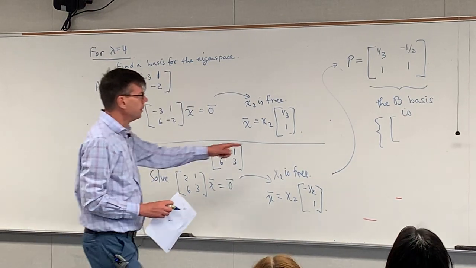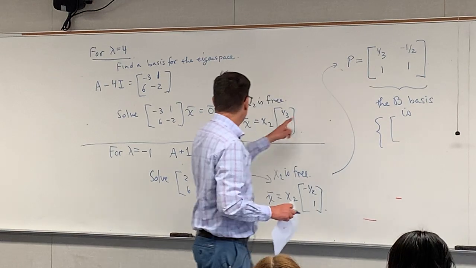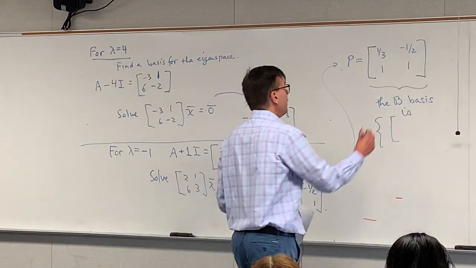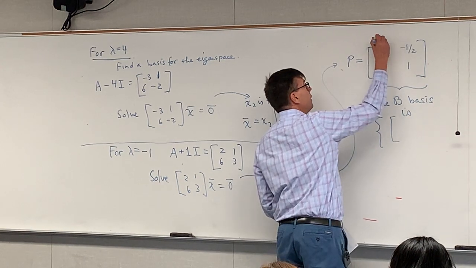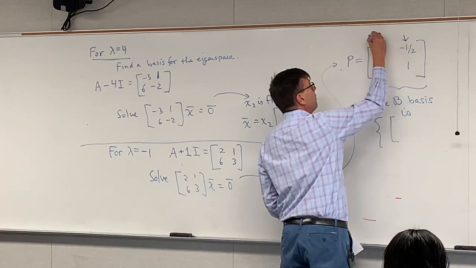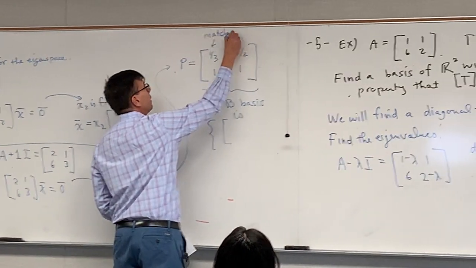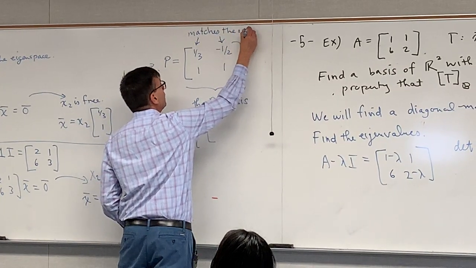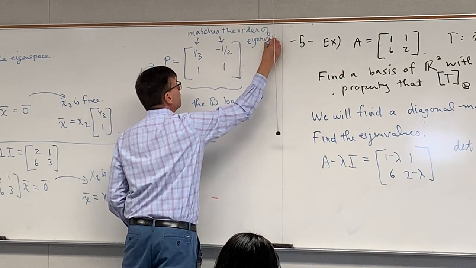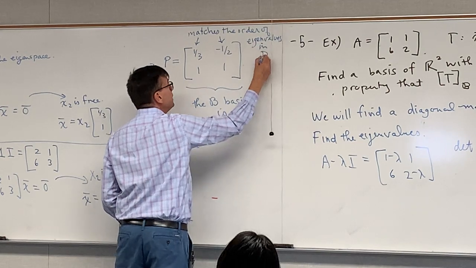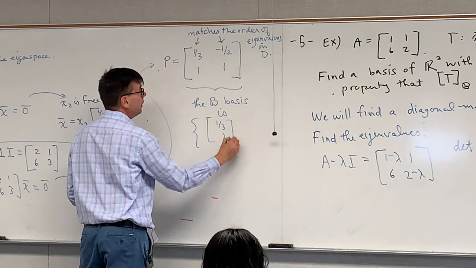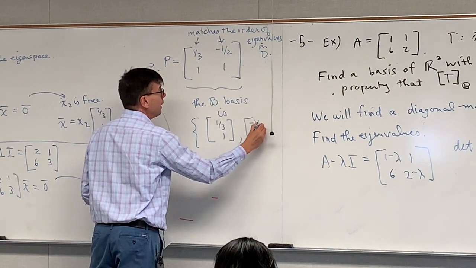I got to make sure my column 1/3, 1 here, which corresponds to lambda equals 4, matches the order of eigenvalues in D. So my two basis vectors are 1/3, 1, and -1/2, 1.